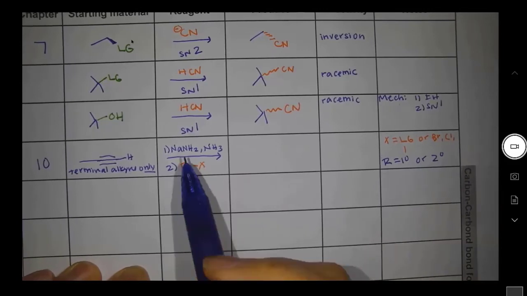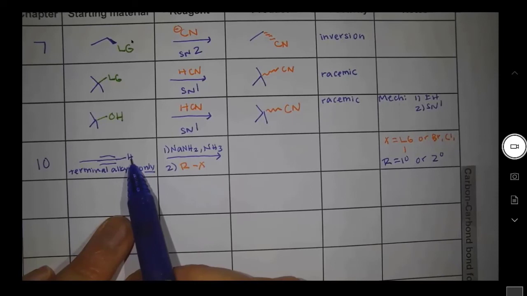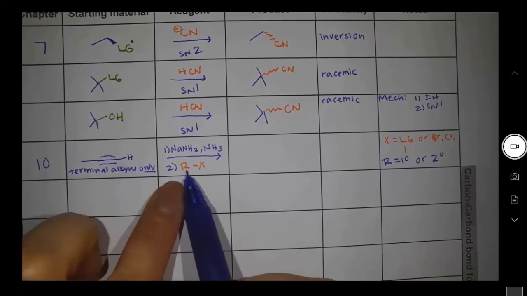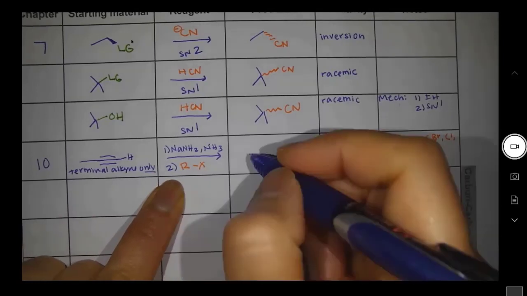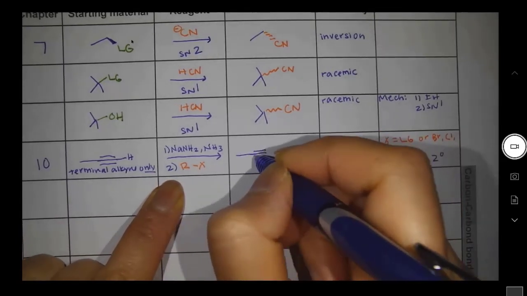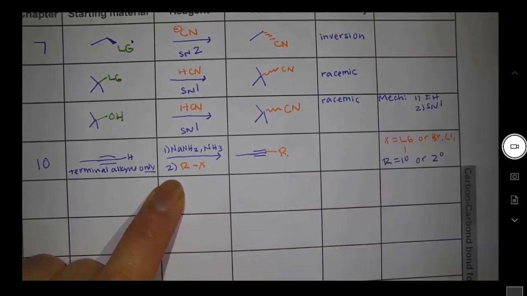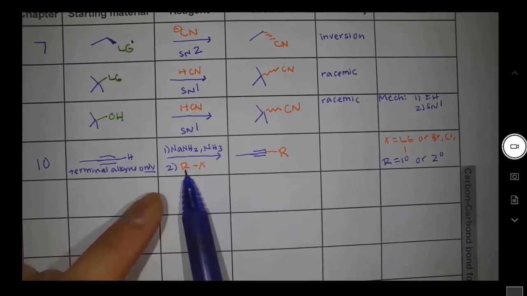So what happens is the NaNH2 is going to pull off the proton right there, that terminal proton, and these electrons will go on to the carbon to make a negative charge. And that negative charge can then attack the R. It's going to do an SN2 attack there, which is why we need a primary or a secondary, and then it will add that R. So you just need a good leaving group and then a primary or secondary carbon there.